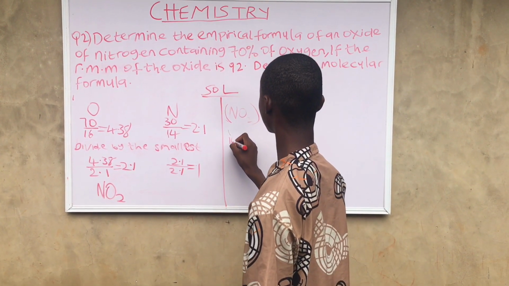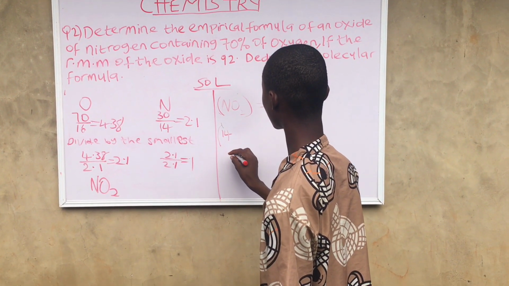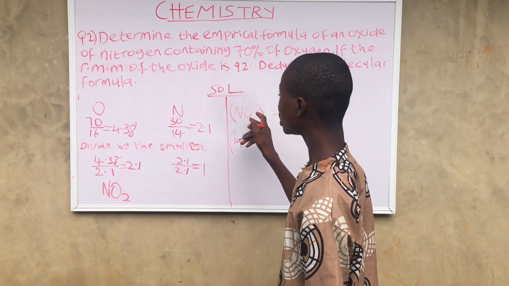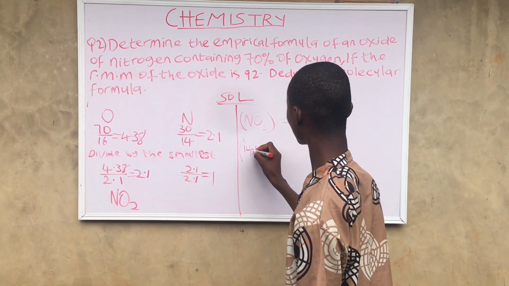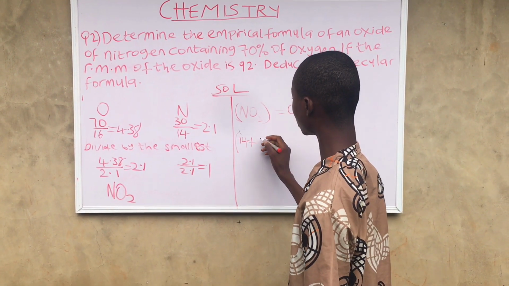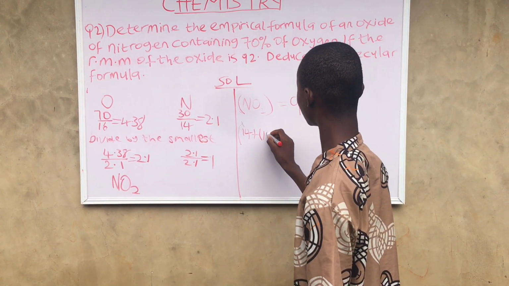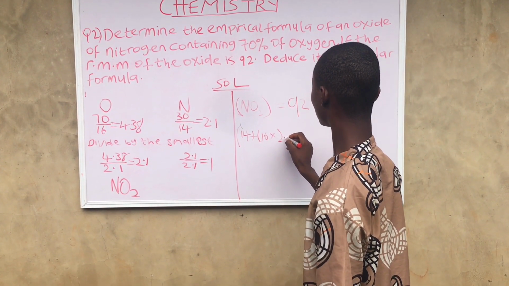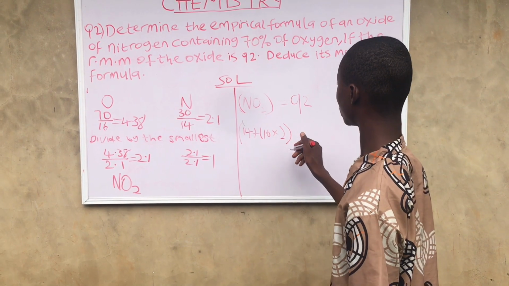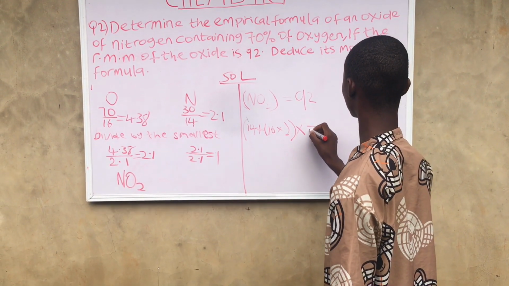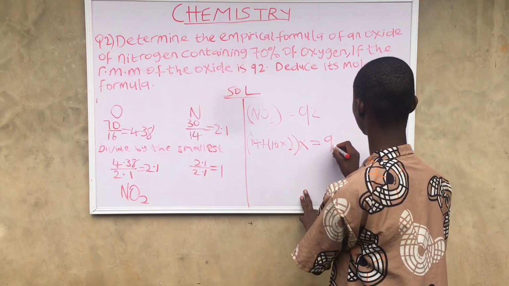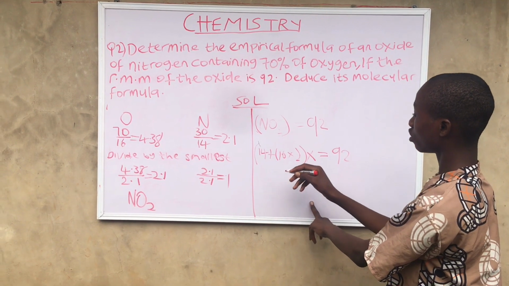We have 14. Bracket 14, and our oxygen is 16, that's plus 16. We have 2 oxygen, that's 16 times 2. n equal to 92.